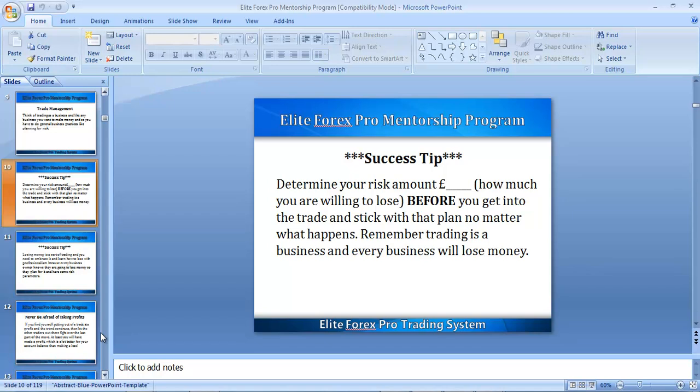Remember, trading is a business, and in every business there will be risk of loss. But the good news with us is we have minimized our risk. We have put in place certain measures that have helped us to be in a trade for longer and get paid.